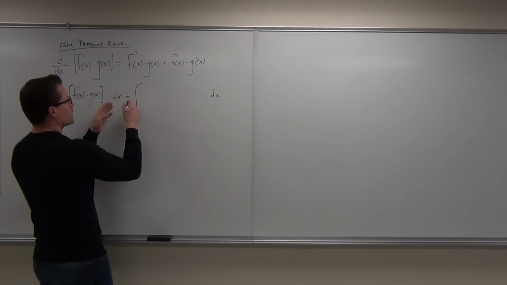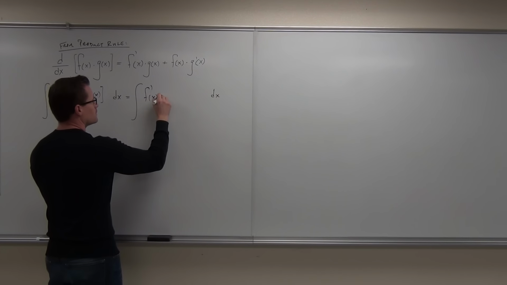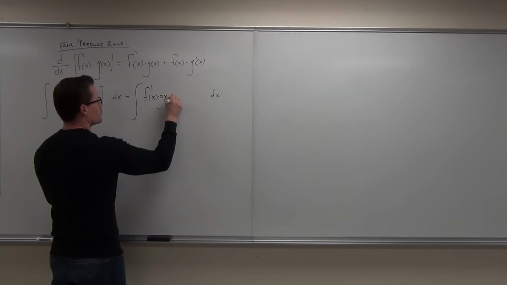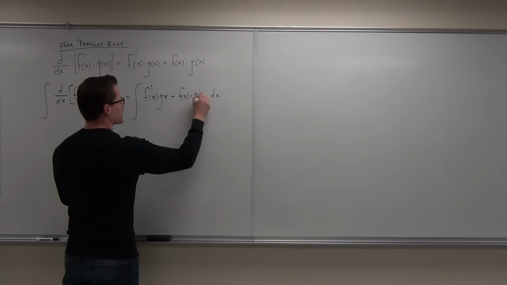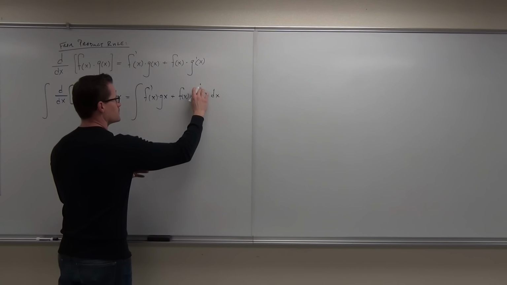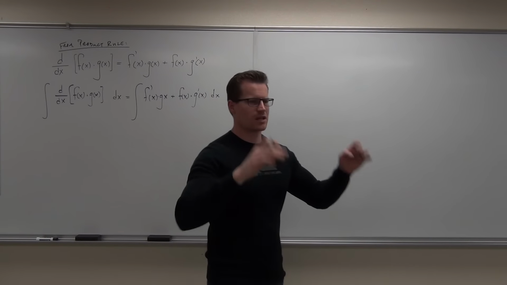And over here we got the integral of f prime of x g of x plus f of x times g prime of x. You guys okay with that so far? Yeah. Just take an integral on both sides.